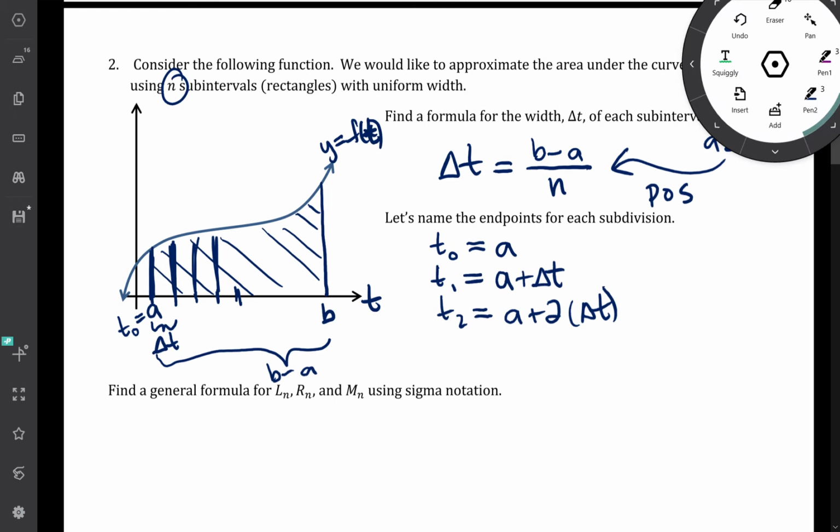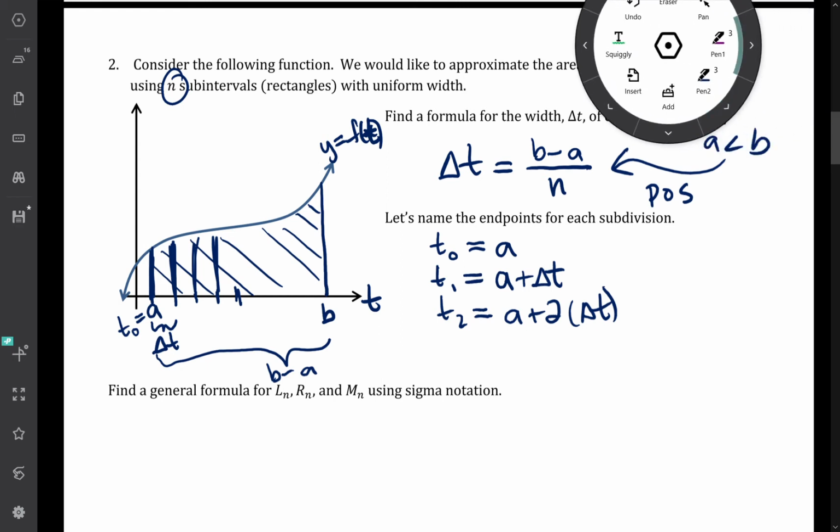Again, over to this picture. We're saying for that second one, if we want to figure out where this is at, let me drop it down here. We know that this distance is a, the t-coordinate of the very first one. We know that this is a delta t, and we know that this is a delta t.